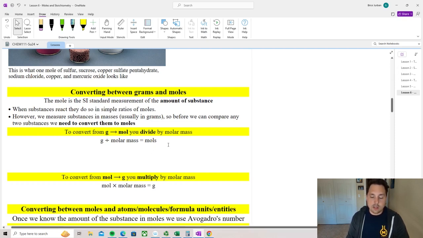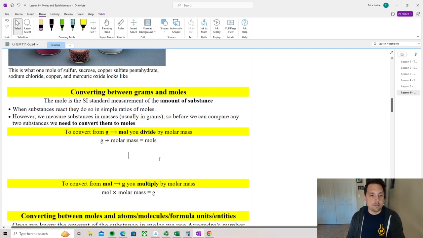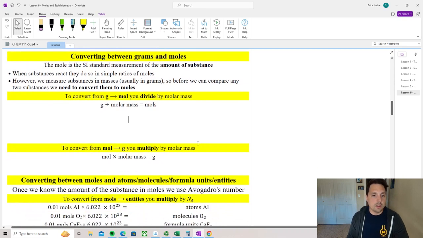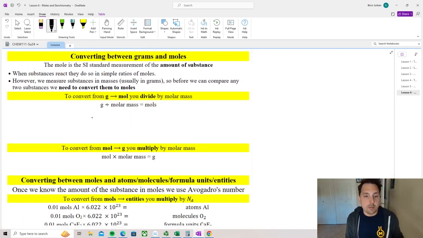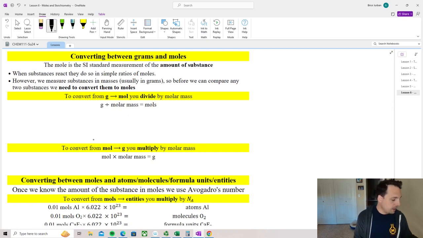But now we can't do that because we want to actually compare them in terms of whole numbers. So to convert between grams and moles, all we need to do is divide through by the molar mass of a compound. And I can show you this using dimensional analysis.